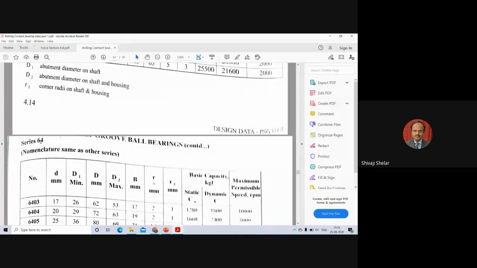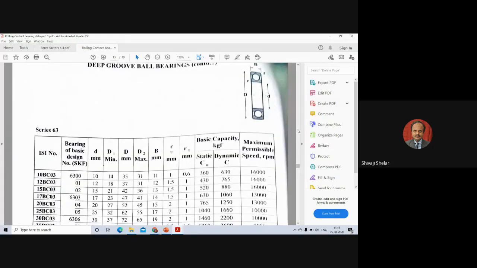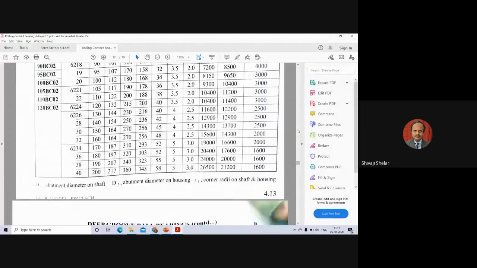Normally, related to the load, there are basically 4 series, but you can have expansion, lower extra light series additionally. So to start the design, you can start with 60, 62, 63, or 64. Now where to start? At this moment, I am not giving any guideline where to start. Let's start with the first page, the 60 series.